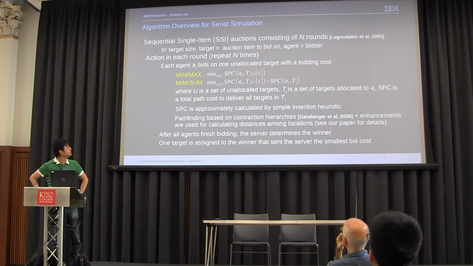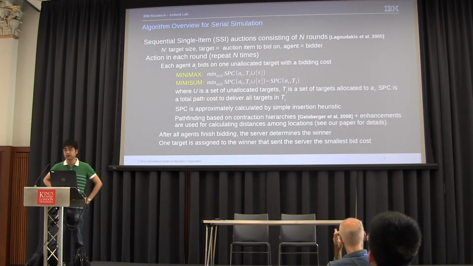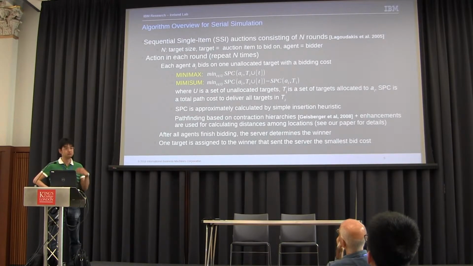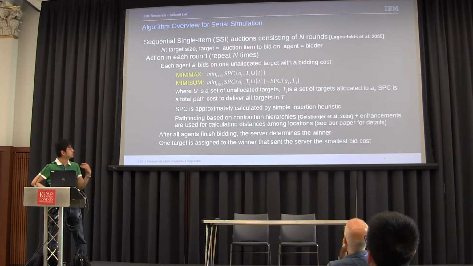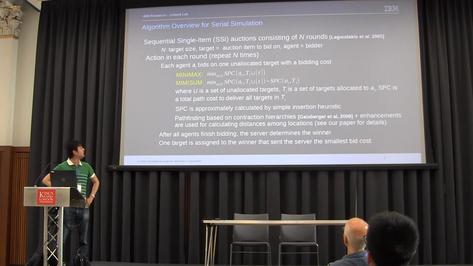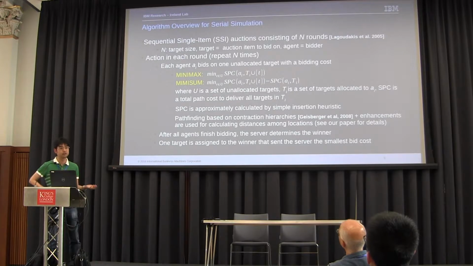And let me explain how things are working in the case of serial simulation, where we have only one CPU core to run the algorithm or functions. And typically, to approximately solve the multi-robot routing problem, we perform sequential single-item auctions that consist of n rounds, where n is the number of targets.